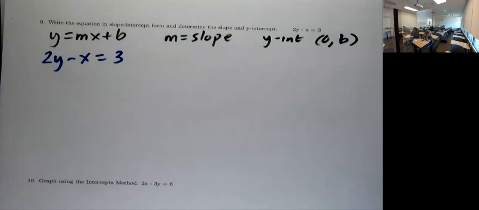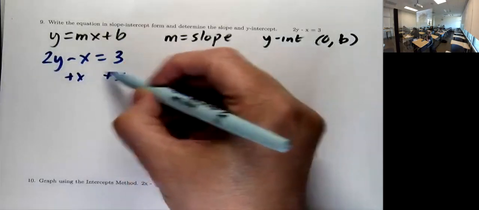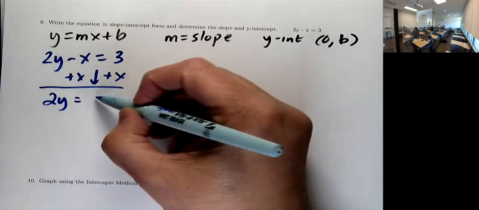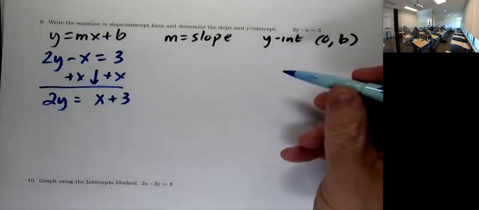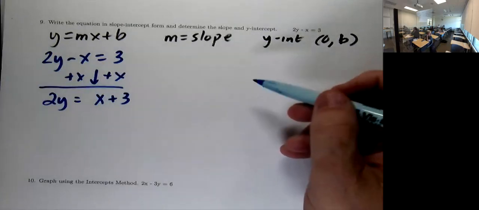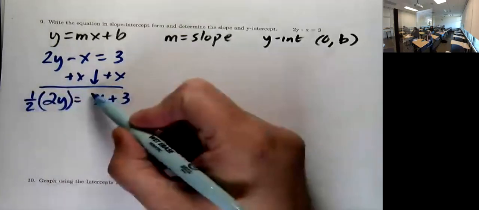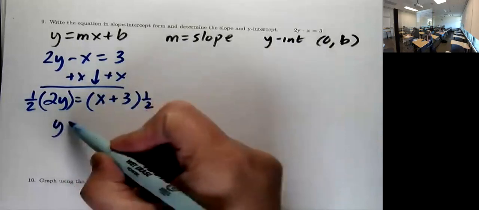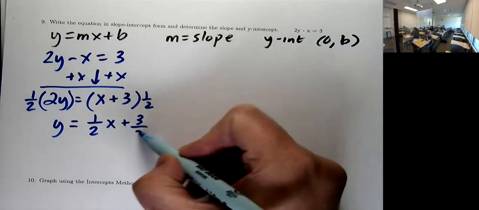So we need to get y by itself. I'm going to start off by adding x to both sides, and I get 2y equals x plus 3. And then you can either divide both sides by 2 or multiply both sides by 1/2. And we end up with y equals 1/2 x plus 3/2.